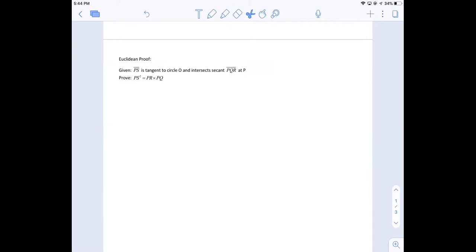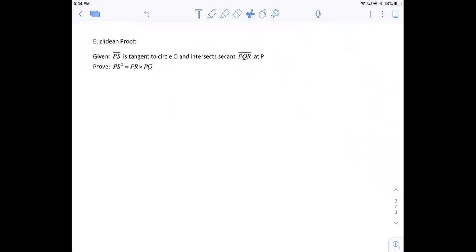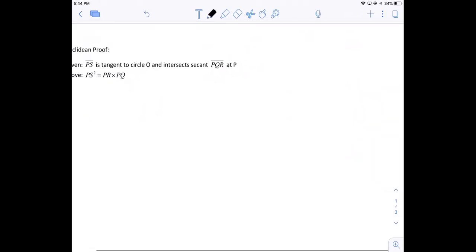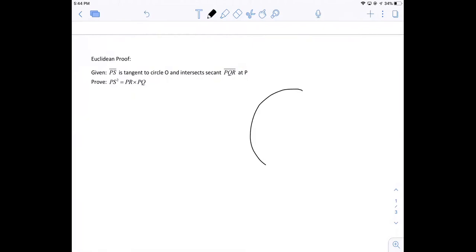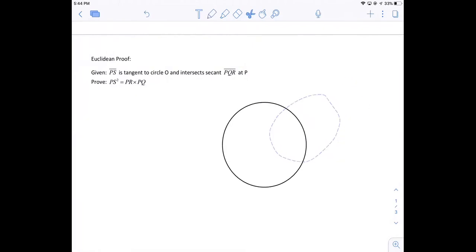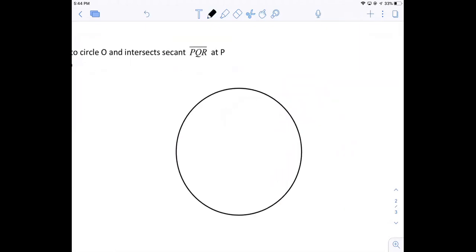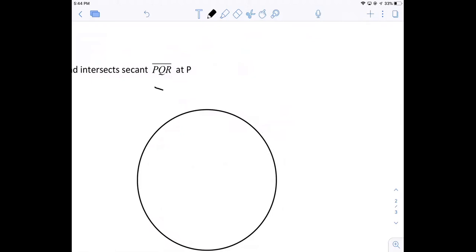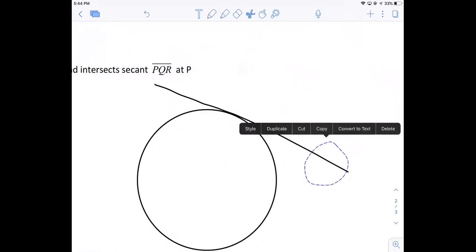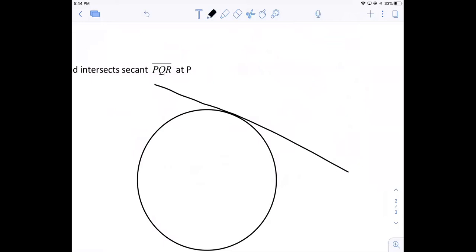Before we can use this theorem on a test or anything else, we need to prove it. So let's do a Euclidean proof. I gave you the givens, so we're going to be changing up the letters a little bit, but it'll be exactly the same. Setup, we got a circle. PS is tangent to the circle O. So let me draw a tangent line, let's say over here.